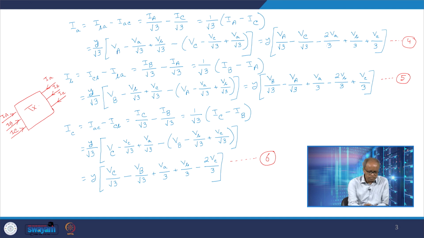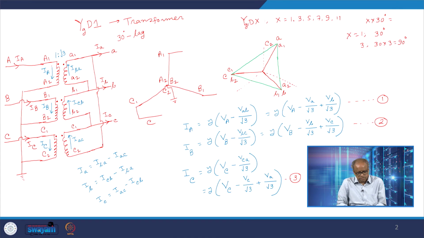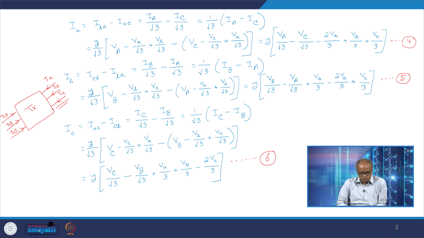So at the secondary side we would like to represent the currents as entering the transformer, whereas in this connection our currents are actually going out of the transformer. So in our model we have to take these currents to be negative, right?